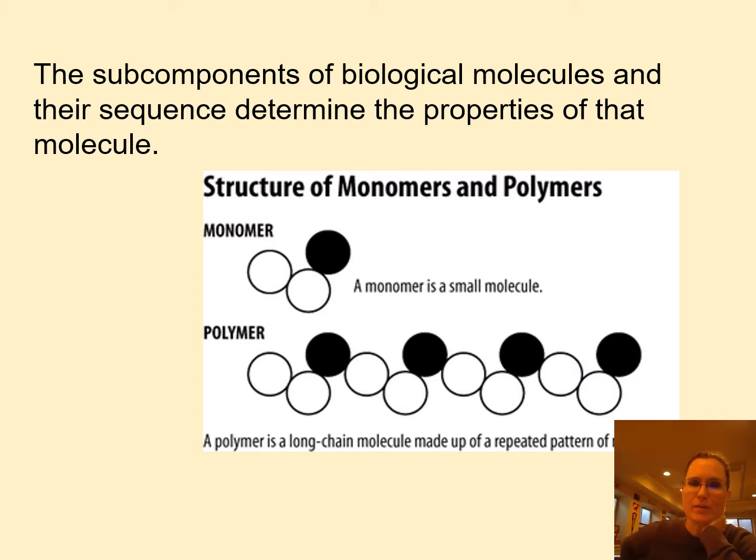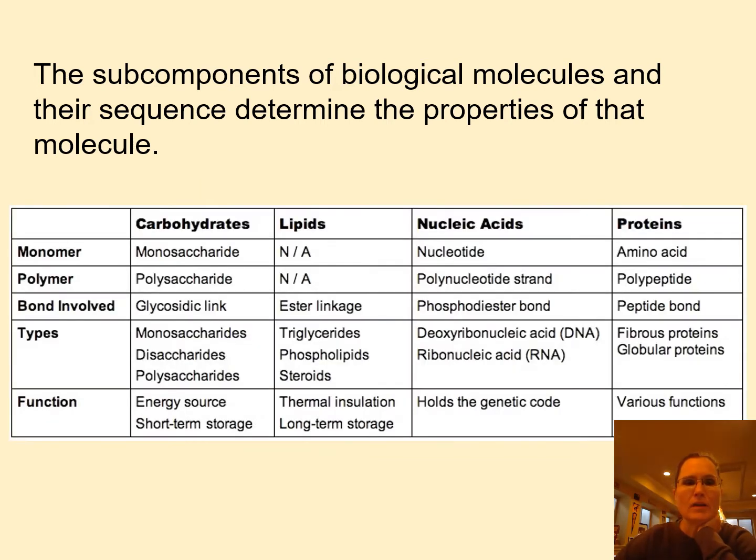There's 4 of them. For the most part, they have monomers and polymers. The monomer is just the one, and poly is the many, just what the prefixes mean. This little chart is good as sort of an overview of the 4. But if you see under lipids, there's no monomers or polymers.